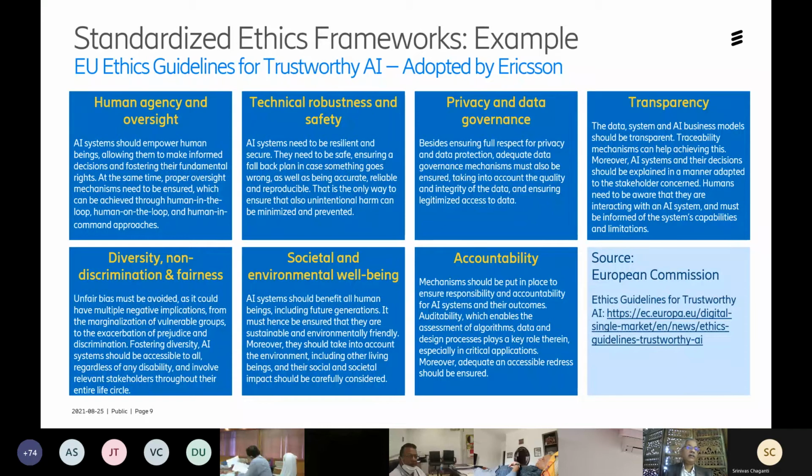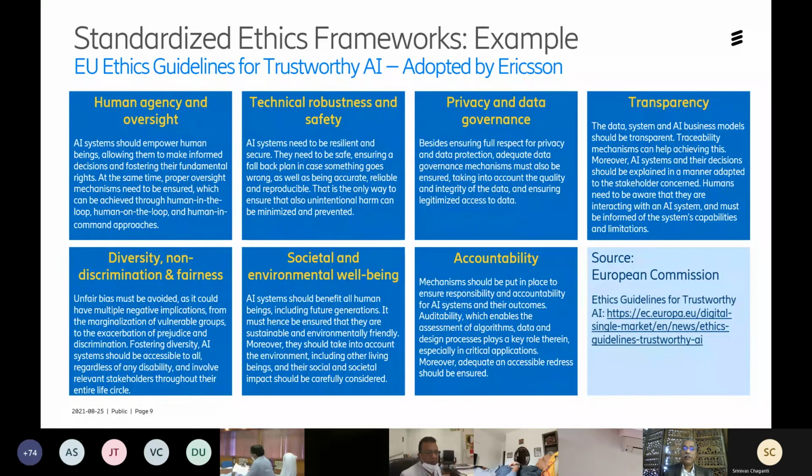So considerations such as human agency and oversight, technical robustness and safety, privacy and governance, transparency, non-discrimination and fairness, diversity, societal and environmental well-being, and accountability. They are all extremely important.